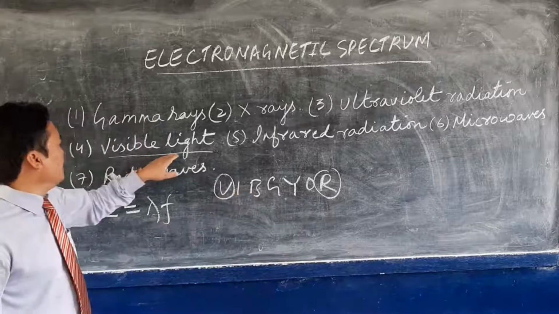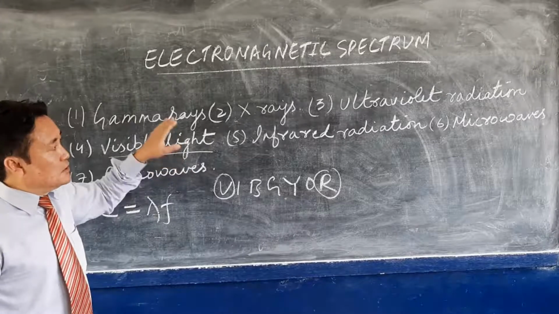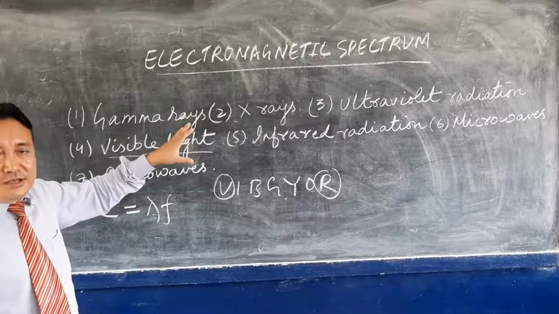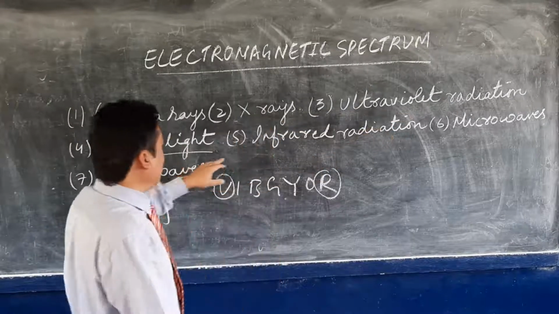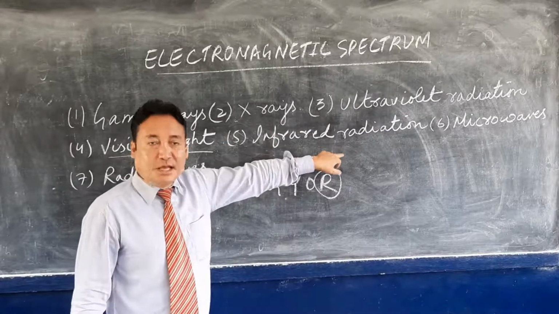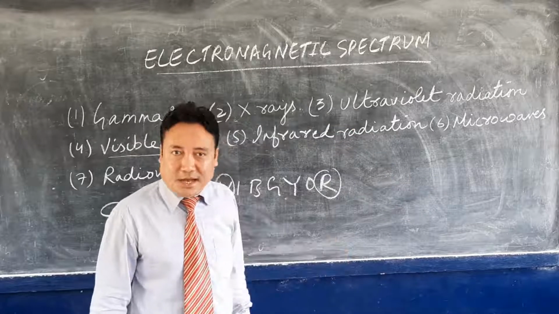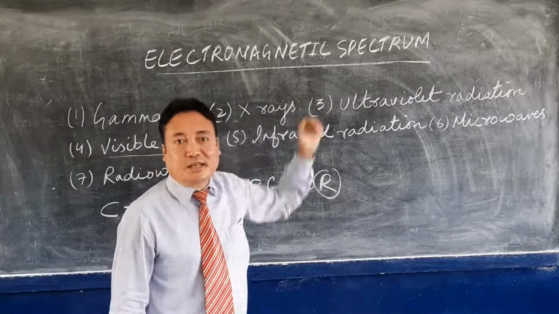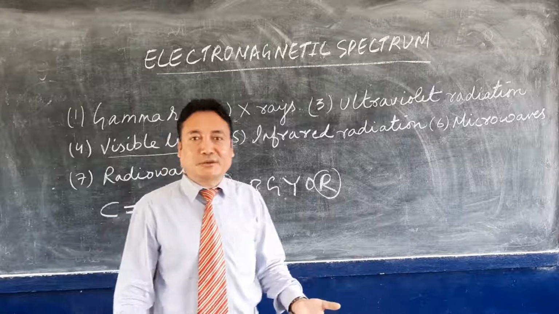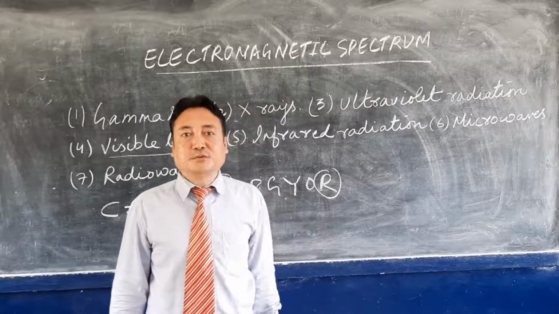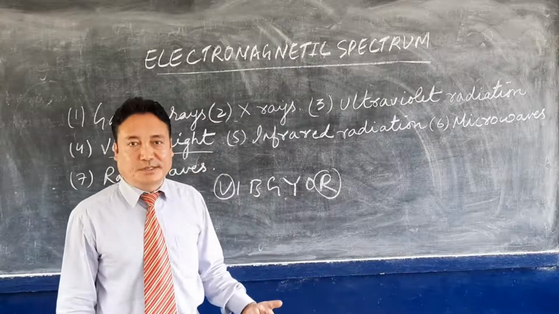These are also associated with the light. So all of them are considered electromagnetic waves, or the electromagnetic spectrum, because these waves are classified according to wavelength and frequency.